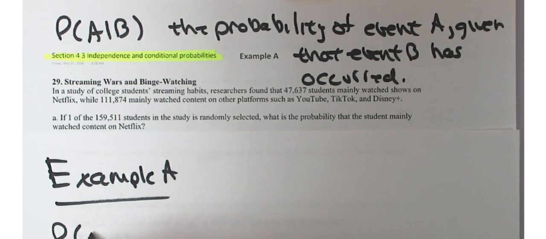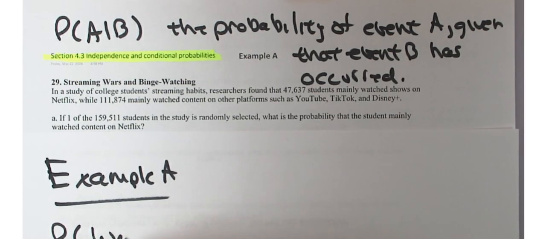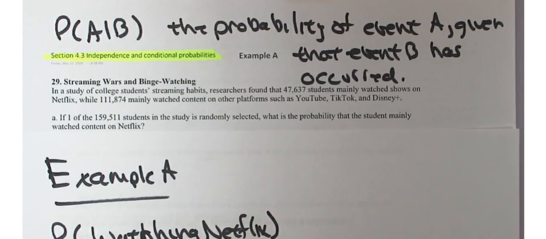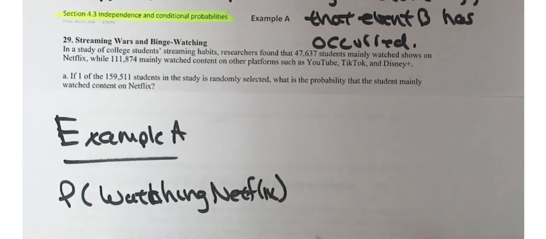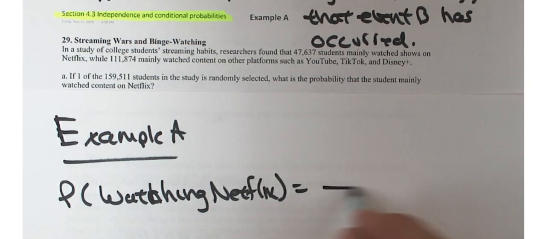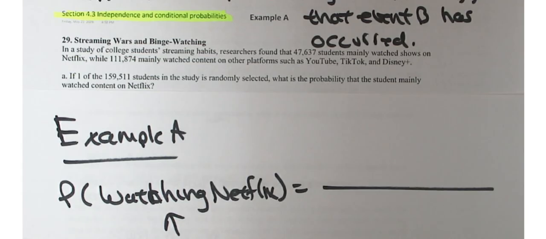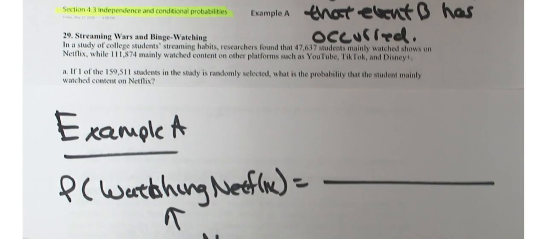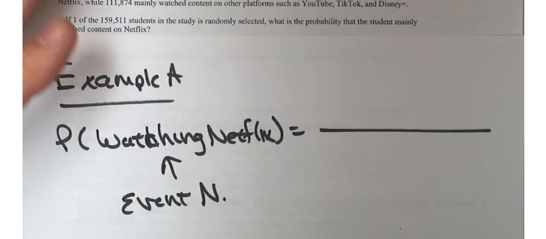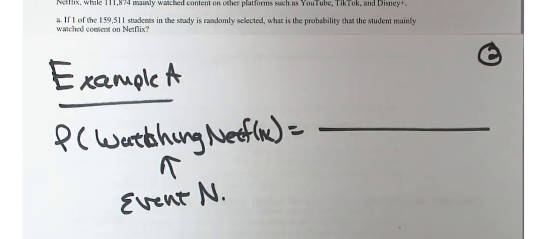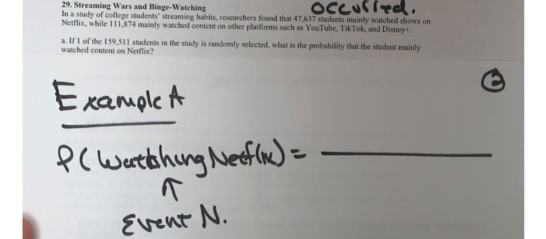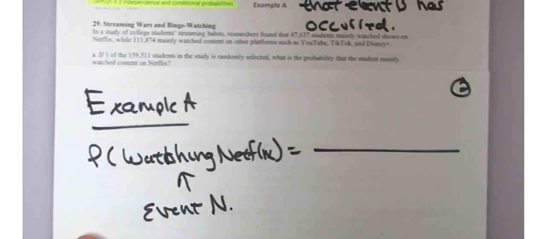Probability of watching Netflix. Well, we're just looking at one of these. I'll call this event N for notation purposes. What's the probability that we pick somebody at random from this study that watches Netflix?